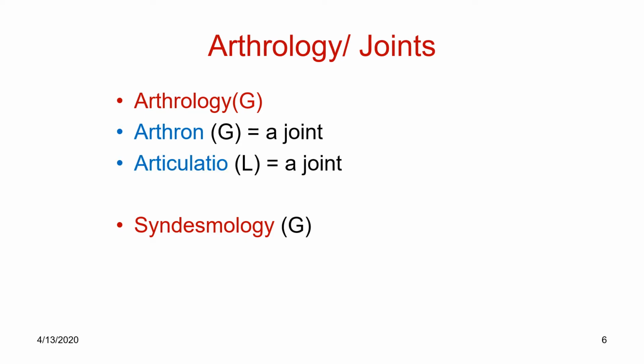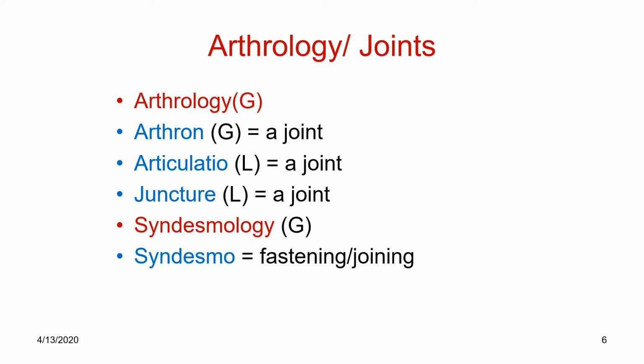And there is articulation, the term we have used. Where has it come from? It has come from Latin, in which articulatio means a joint. Then we have used the term juncture. It's from Latin and it also means a joint. Then syndesmology is also derived from Greek, syndesmo, meaning fastening or joining.